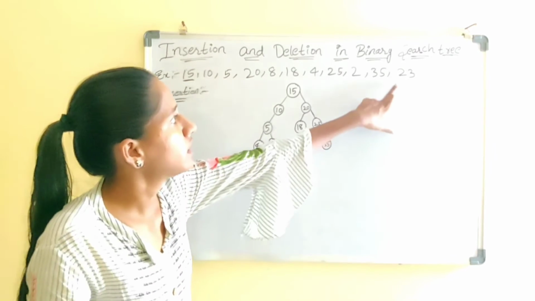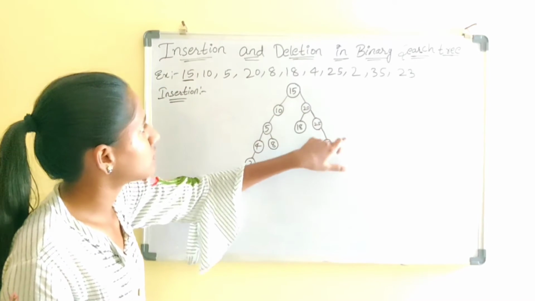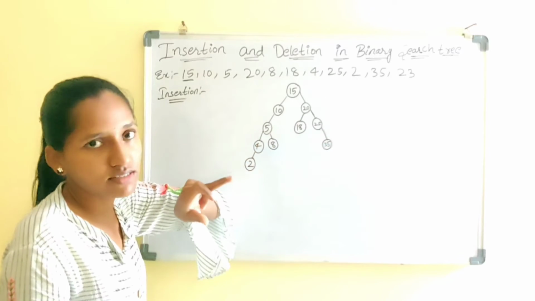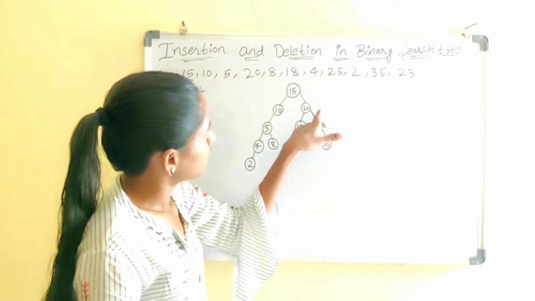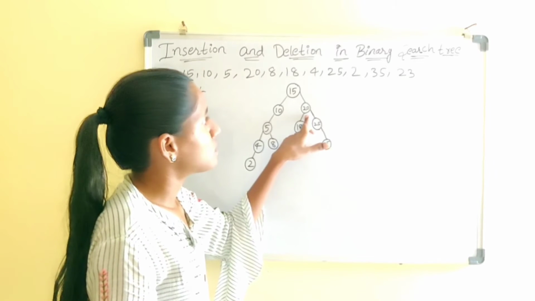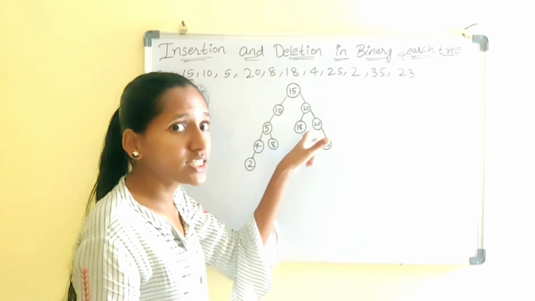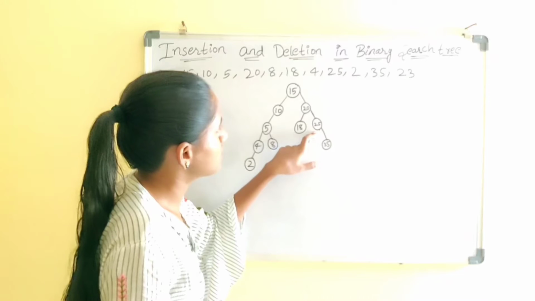Next we have to insert 23. 23 is greater than the root node. This enters into the right side subtree. 20 is less than 23, so 23 is greater than 20. So it comes to this node.